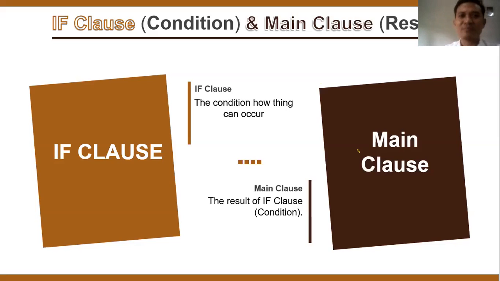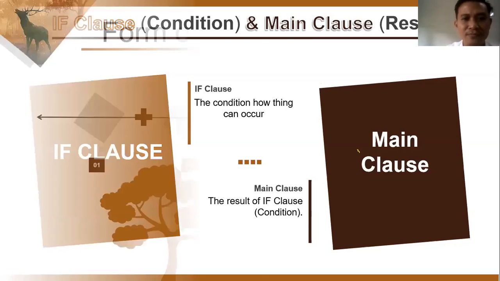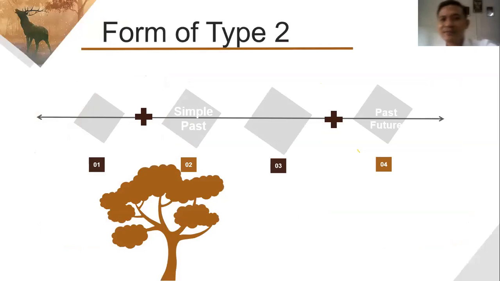So the result depends on the condition, the if clause as the syarat. The main clause is also called the result clause. Next, what is the form of type 2?